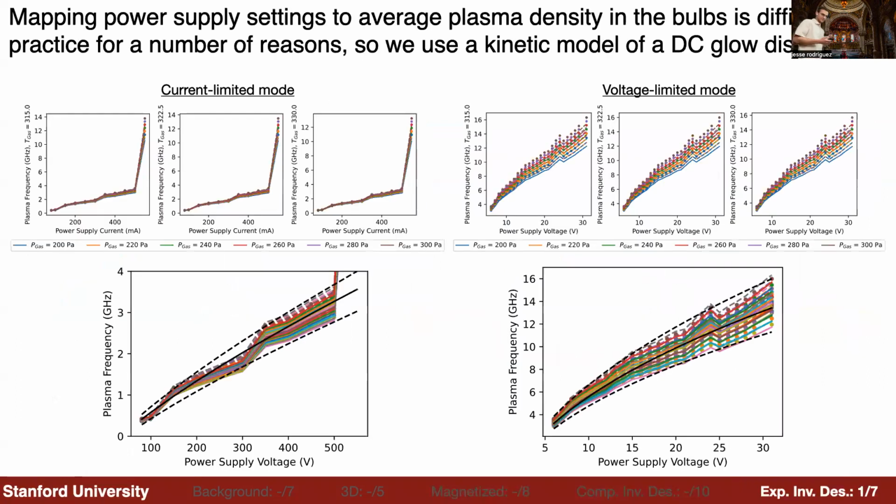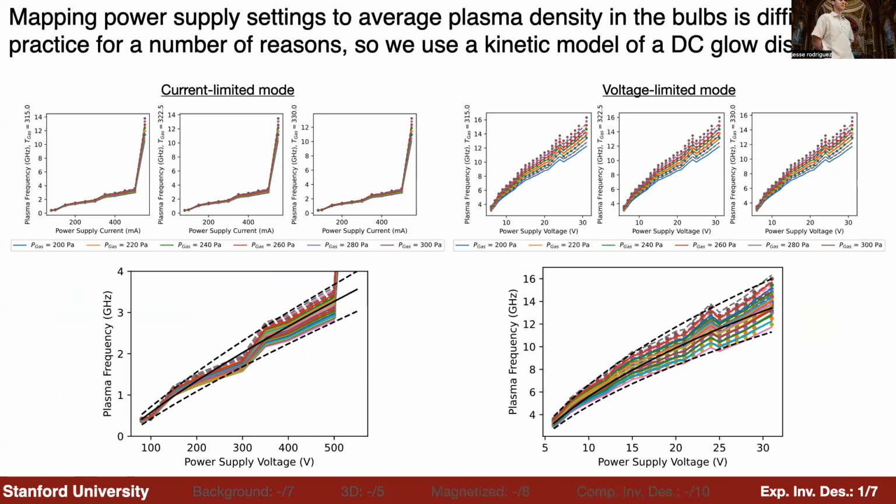Okay, so the first order of business, if you want to build this device, is you have to map the power supply settings for each of the bulbs to the average plasma density in the bulbs. And it's difficult in practice for a number of reasons. Like we don't know the fill pressure of the bulbs exactly. We don't know the gas temperature of the bulbs exactly.